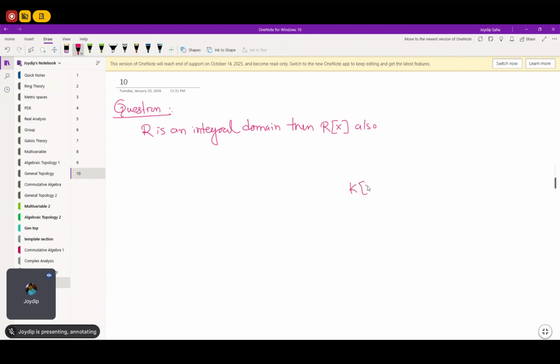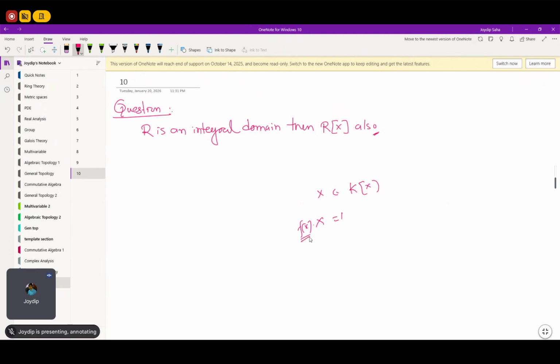If I take Kx, suppose X has an inverse. You will need this: if R is an integral domain, then Rx also. Okay, suppose X has an inverse. So X times some fx should be 1.